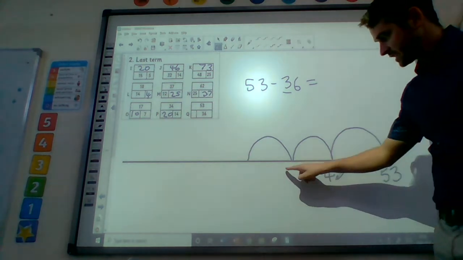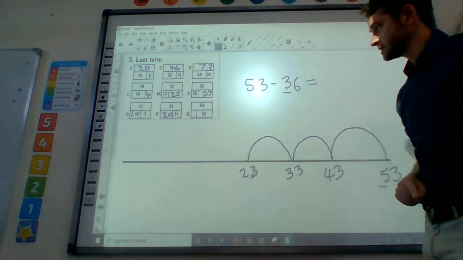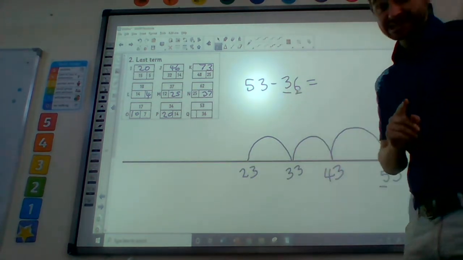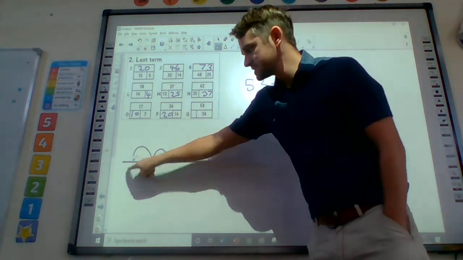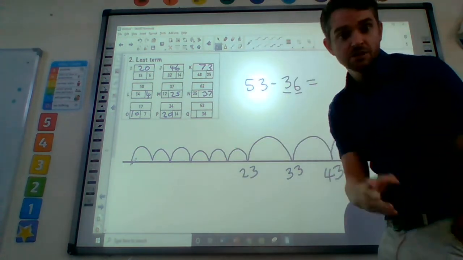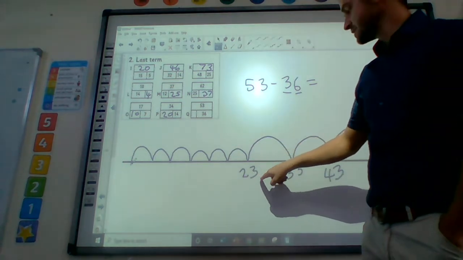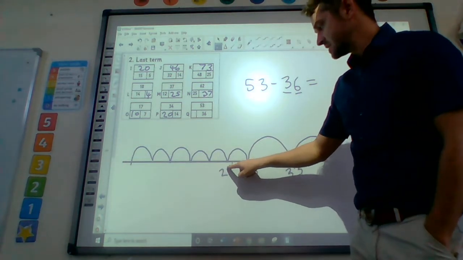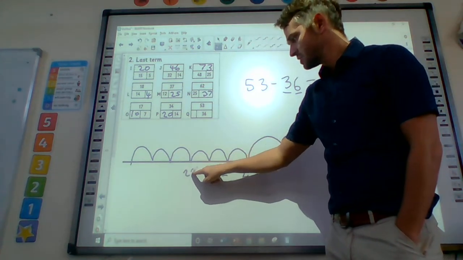43, 33, 23. Now changing the ones, 6 of them. 1, 2, 3, 4, 5, 6. Remember, neat maths can be accurate maths. If your number line is messy, you might make a mistake. Counting backwards then, 6 ones. 23, 22, 21, 20.